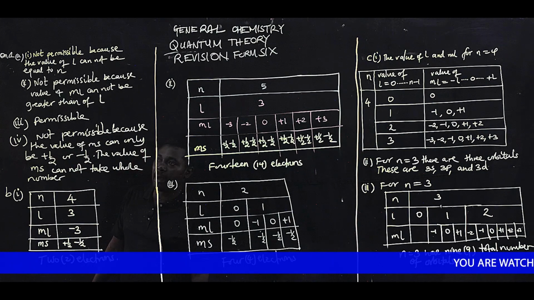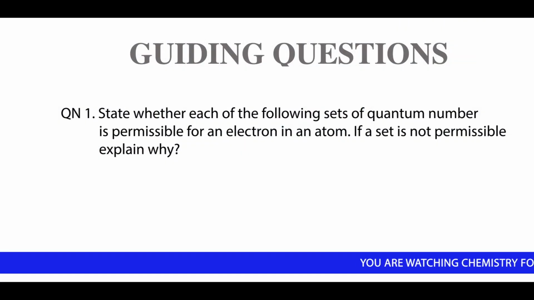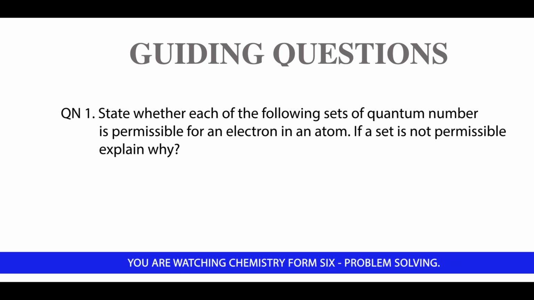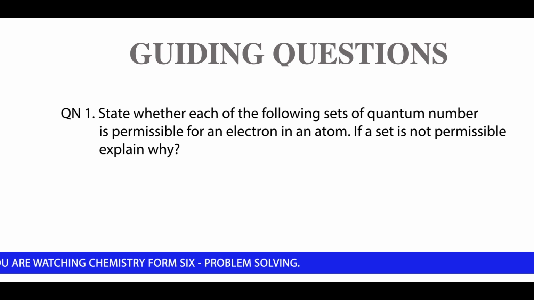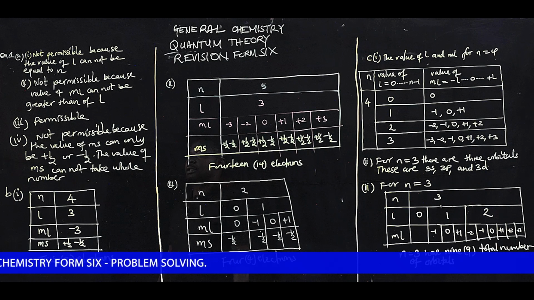Question number 1: state whether each of the following sets of quantum numbers is permissible for an electron in an atom. If a set is not permissible, explain why. By using knowledge of the 4 sets of quantum numbers, we are able to answer this question.